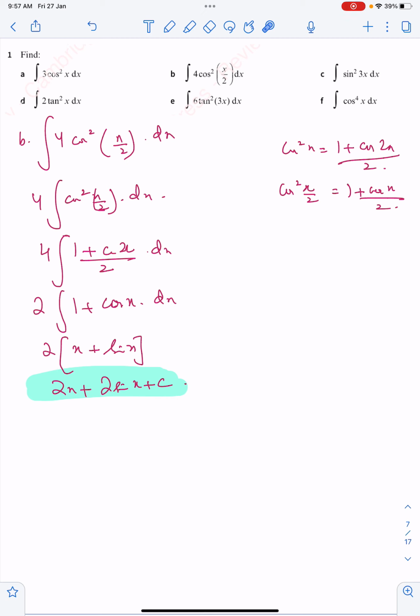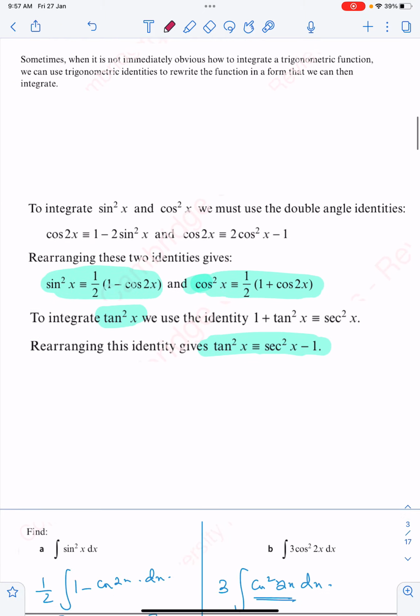Okay, if I do this one, sin square 3x, the c part. We know that sin square x is 1 minus cos of 2x divided by 2. Let's just go back and see again.